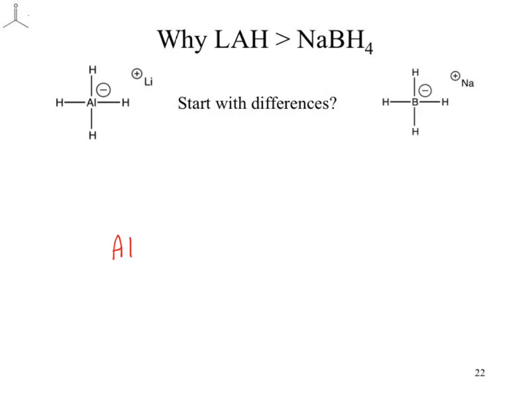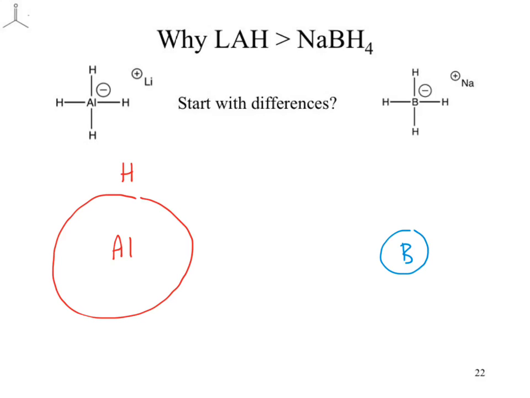It's easier to react because it's bigger, which means if we look at our hydrogen being bound on the outside of that, that hydride is now where in comparison between these? It's easier to pull off because it's further away.